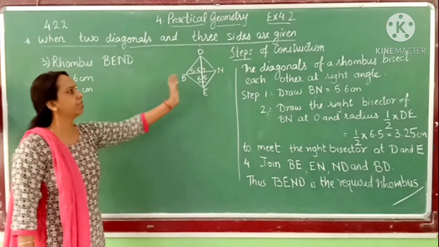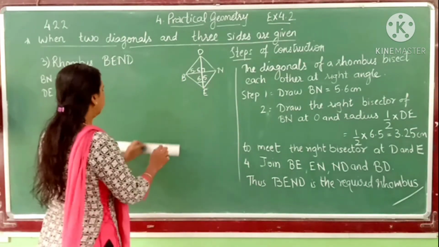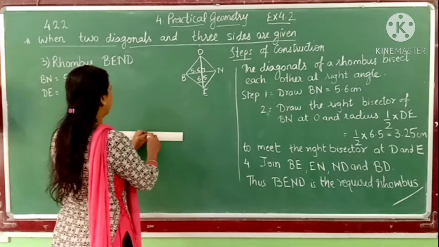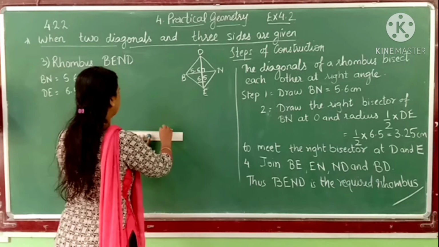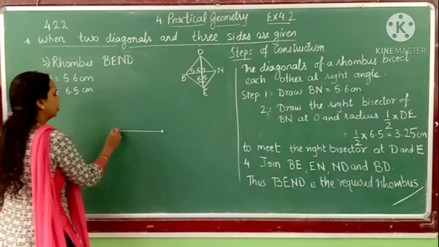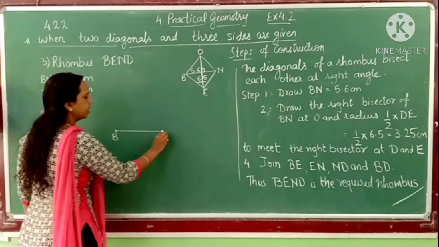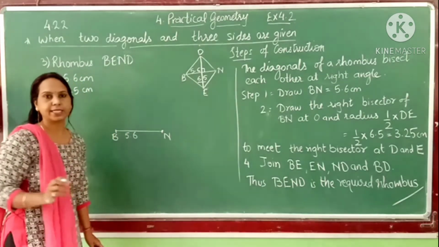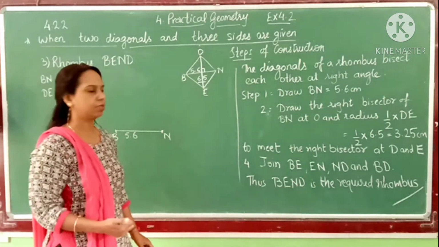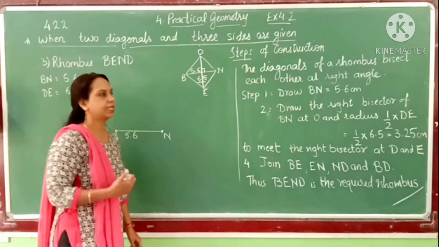Okay, we will construct first BN 5.6 centimeter. So draw here 5.6 centimeter. Okay, this is your BN. First BN 5.6. Take the exact measurement with the help of your ruler and draw it with the pencil.